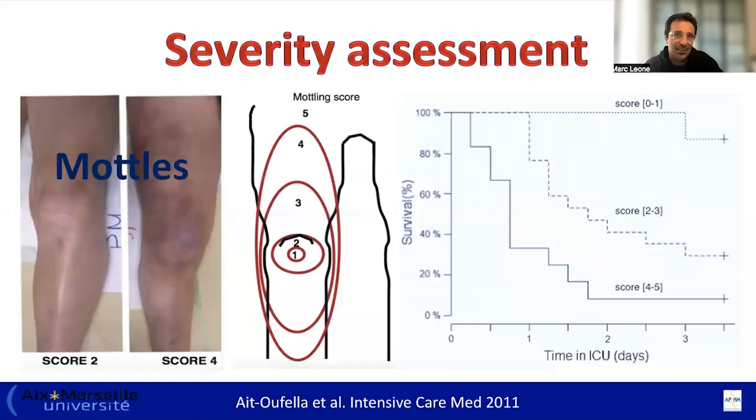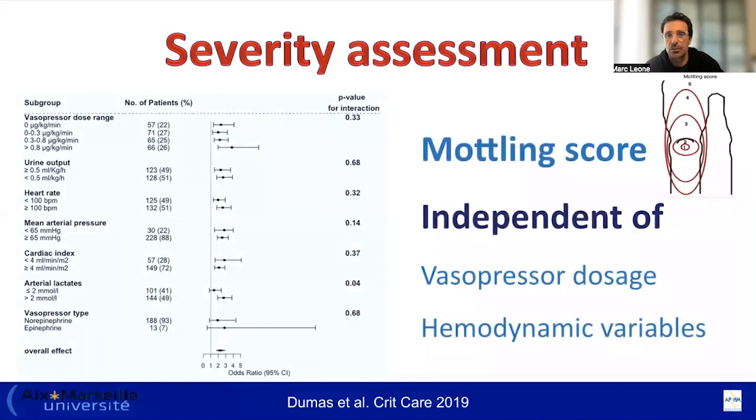But there are some clinical signs which are very efficient, like the mottling score. You can look at the knees in your patient and score from 1 to 5, 1 being the smallest injuries with good outcome, and 5 being the largest injuries with the worst outcome. What is interesting is that the mottling score is independent of vasopressor dosage or hemodynamic variables.